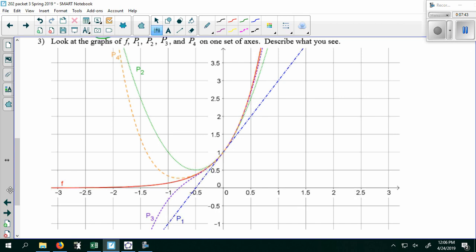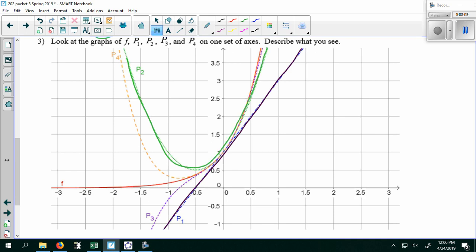Okay, so I've plotted f of x, which is sketched in red here, e to the 2x. And then I've plotted the first four Taylor polynomials. P1 is the line, this line here, just the tangent line at x equals 0. And then P2 is this green quadratic.